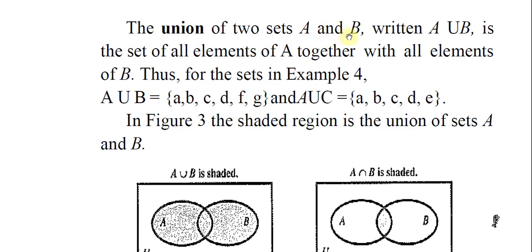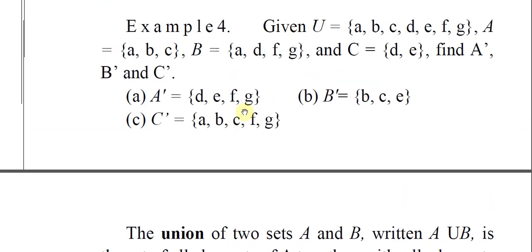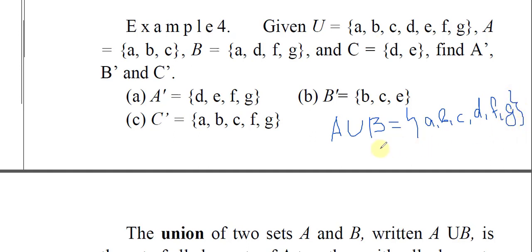The union of two sets A and B, written as A union B with this symbol, is the set of all elements of A together with all elements of B. For the sets in example 4, A union B: what we have in A is A, B, C, and in B we have A, and what we don't have in A is D, F, G. So this is the union of A and B.